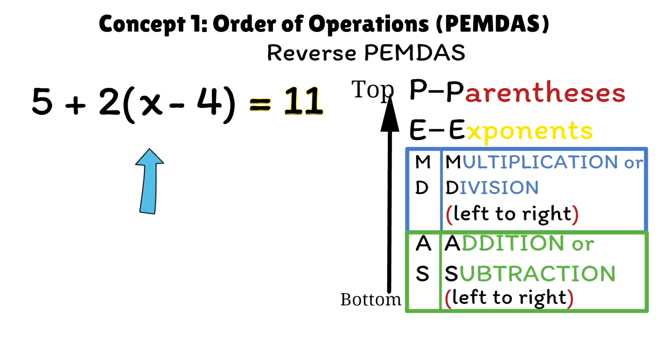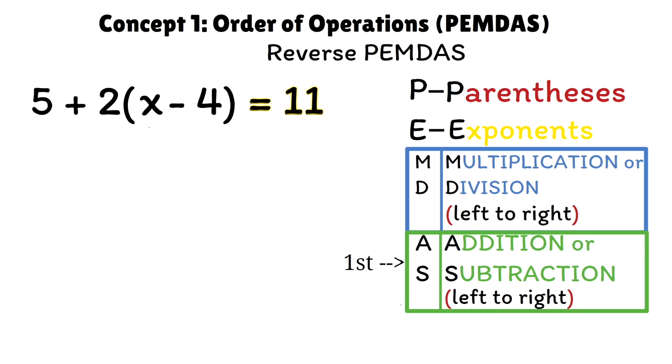Here, we have to find the missing number x to solve the problem. Now, according to Reverse PEMDAS, addition or subtraction is the first operation. And since we have addition here, we'll start from it. Note that, even though there is subtraction over here, it is within the parenthesis, so it will come in last. To get rid of the addition, we'll perform the opposite operation on both sides of the equation.